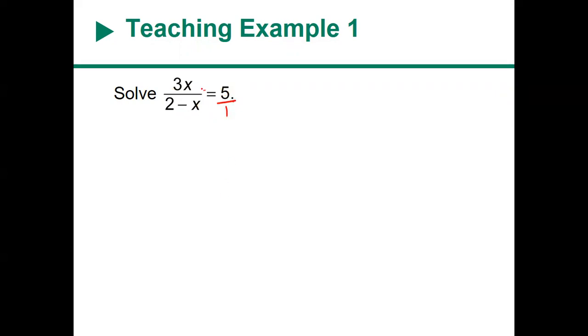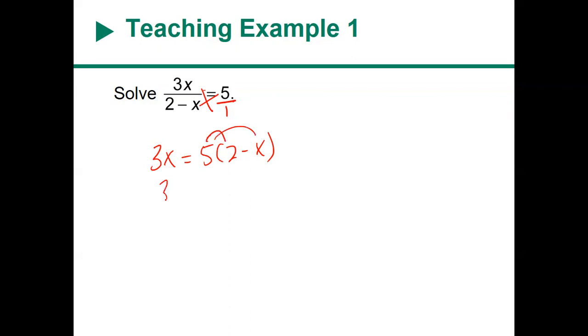So if I cross multiply, that's 3x equals 5 times 2 minus x. How do we feel? And then after this, it's just now a regular algebra problem, right? So we are going to distribute.